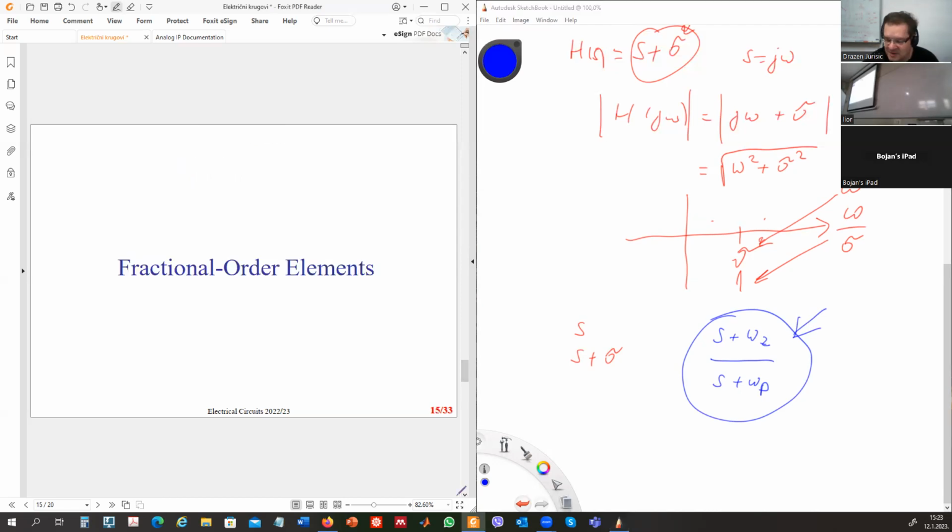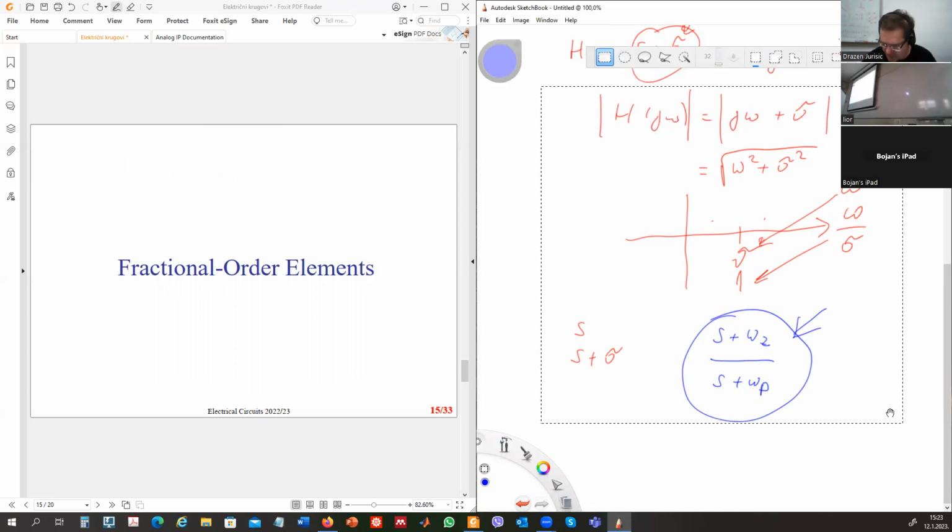Now, when we know all about Bode plots, we can continue with fractional elements. Before, I will clean the board a little bit.